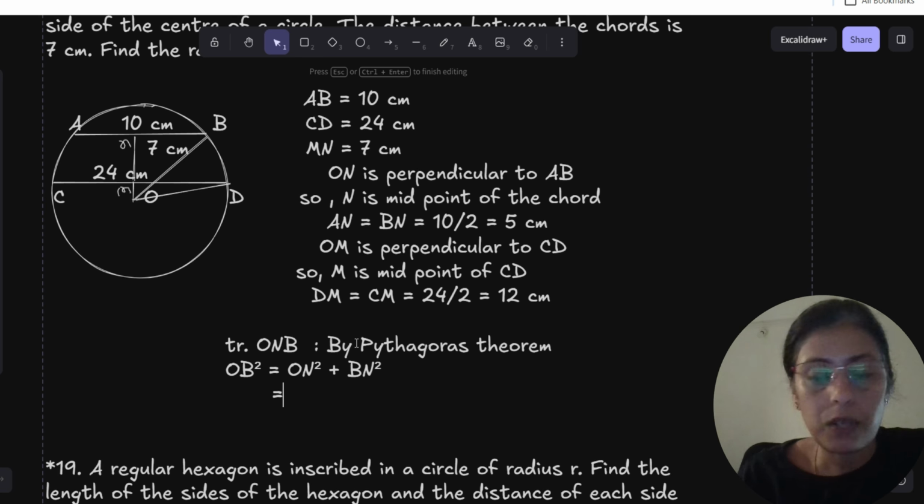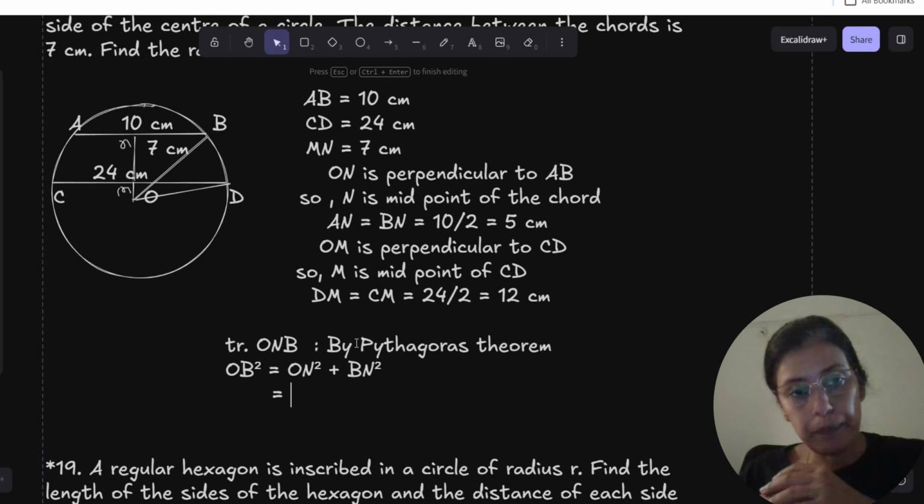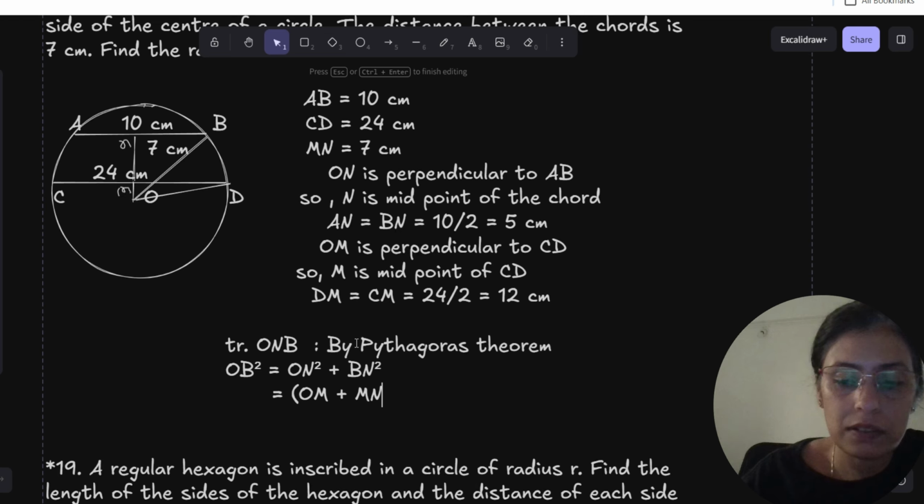OB square is something we don't know. ON square is something we need to find. We know that the distance between M and N is 7 centimeter, but we don't know the distance OM. So I can say ON square is OM plus MN, whole square, plus BN square.